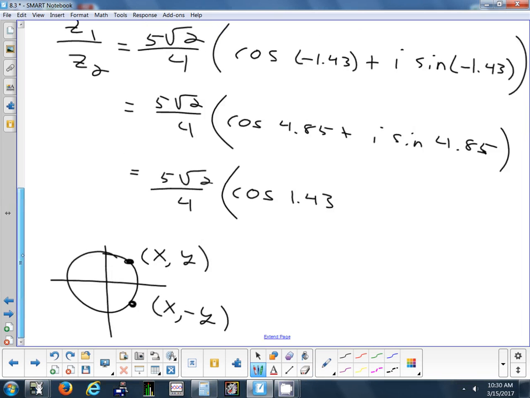Now, let's look at the sine. What letter is that? It's the y. What's the difference between the sine of 45 and the sine of negative 45? They're opposites, right? All that happened is you put a negative in front.